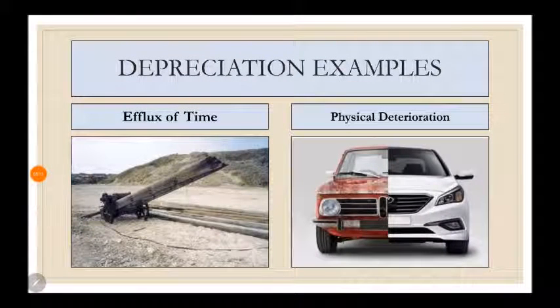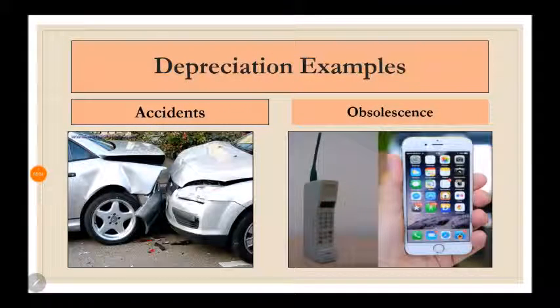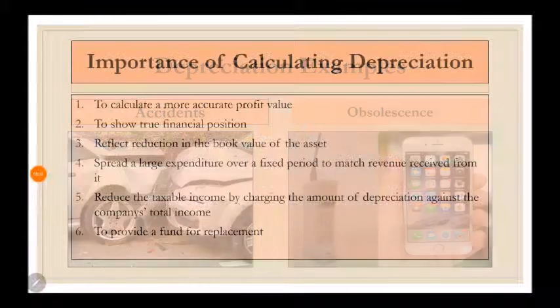So we have the passage of time with land and quarrying, physical deterioration in terms of a vehicle that once was new and is no longer so new, and you have accidents. And then you have a new phone versus an old phone. The old phone is no longer up to date, it's out of date, it's obsolete.